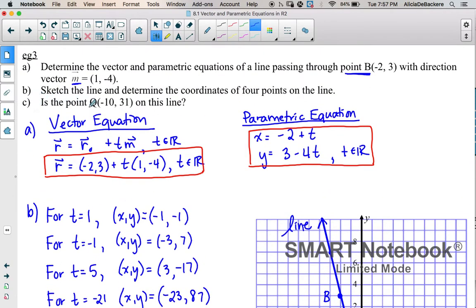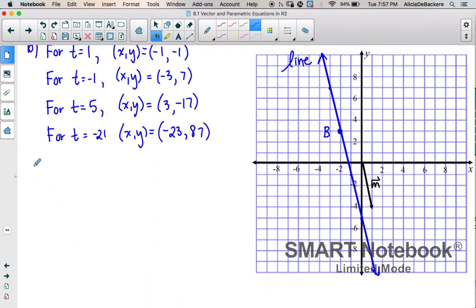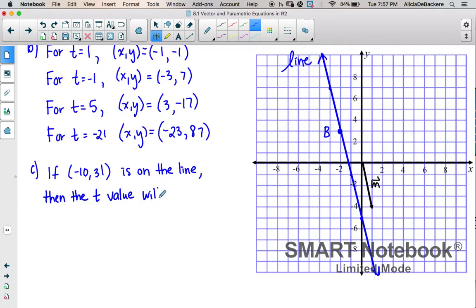Part C says, is the point Q (-10, 31) on this line? So for this one, if (-10, 31) is on the line, then the t value will be consistent in the parametric equations.